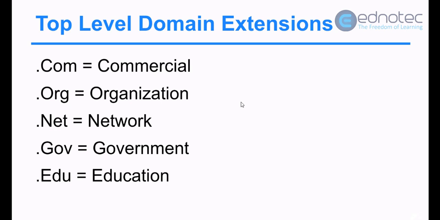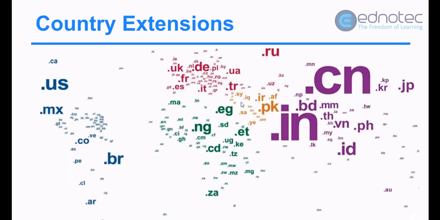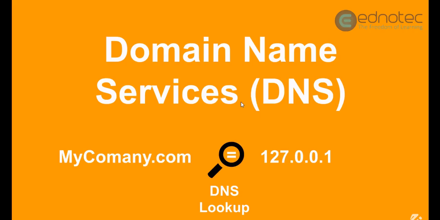Other examples are .org for organization, .net for network, .gov for government, .edu for education, and a lot of new ones that have been coming up over the years. In addition to those, there are also country extensions. Every country has its own. We are .us, .ca is Canada, etc.